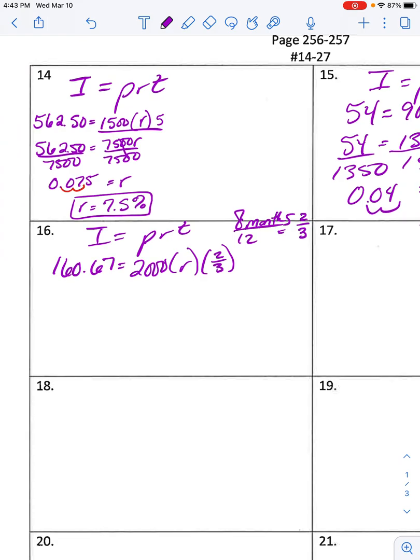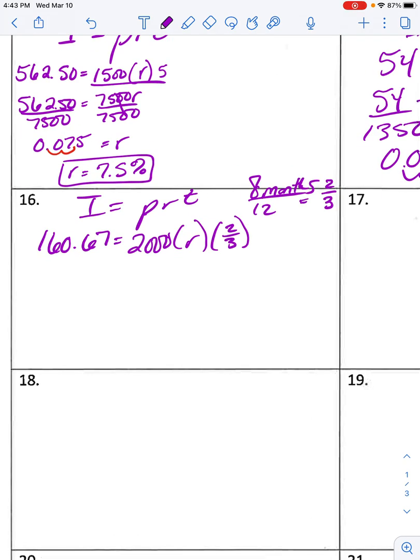Okay, we know how to multiply fractions. We'll be fine. Let's bring down our $160.67. Let's multiply here. 2,000 over 1 times 2/3 is 4,000 over 3, right? Okay.